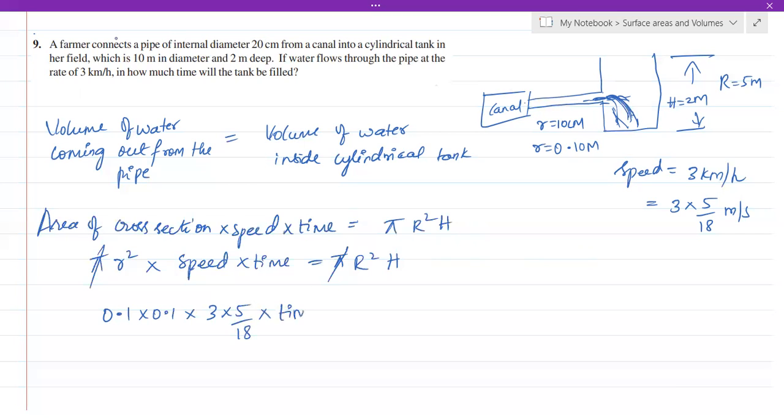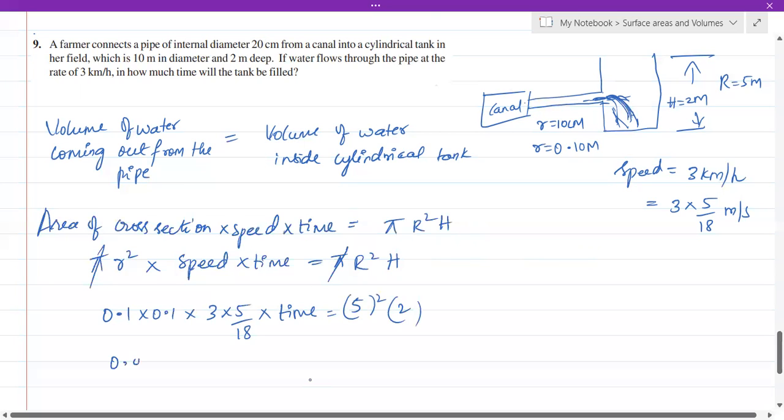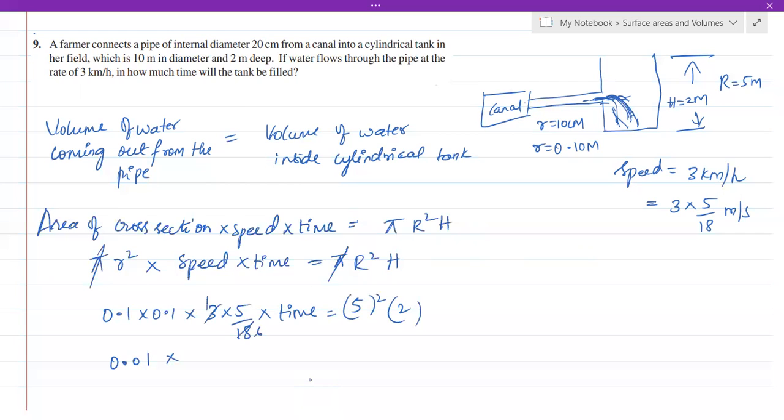That is what we have to calculate, the time taken to fill the tank. Capital R is 5, so 5 square. Capital H is 2. So in the next line, 0.1 into 0.1 becomes 0.01. Here we cancel: 3 ones are 3, 6 are. So you'll be left with 5 by 6 into time. 5 square is 25. 25 into 2 is 50.